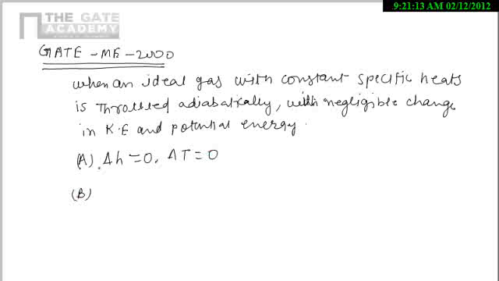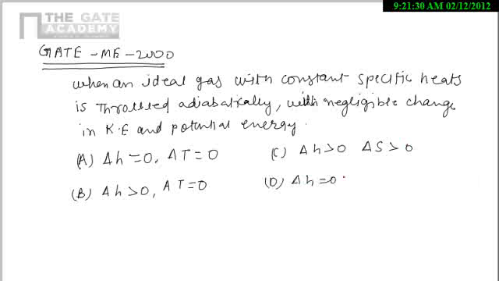B, change in enthalpy is greater than 0, change in temperature will be 0. C, change in enthalpy is greater than 0, change in entropy is greater than 0. D, change in enthalpy is 0, change in entropy is greater than 0.